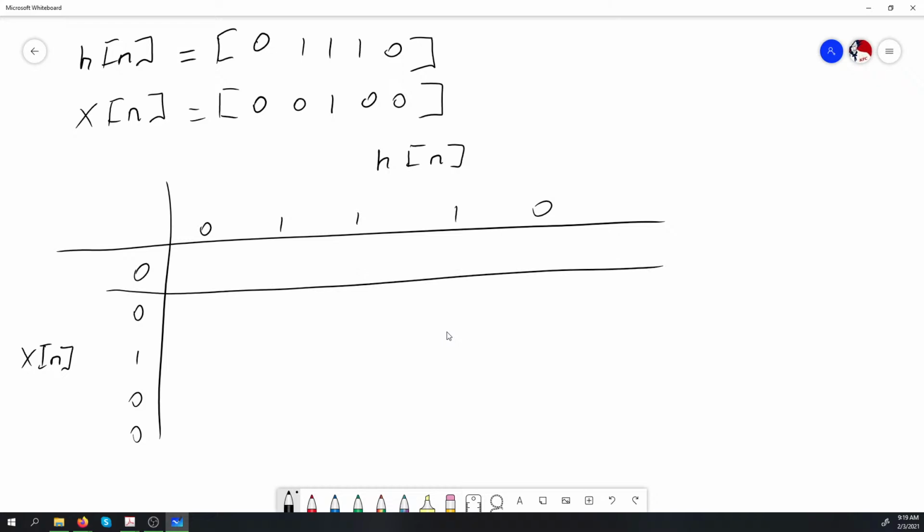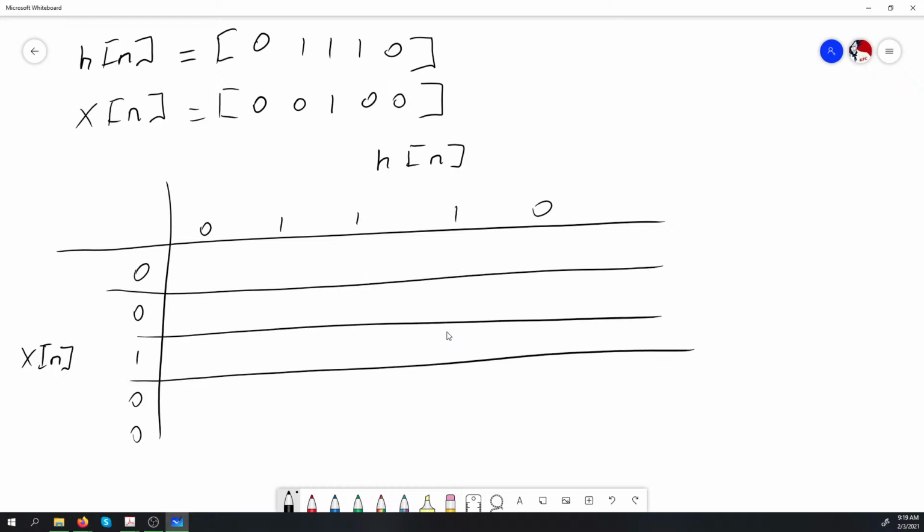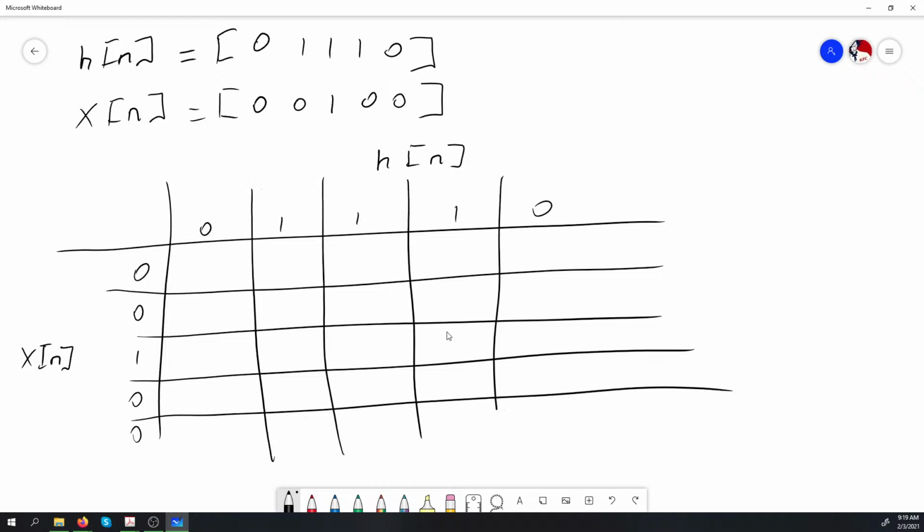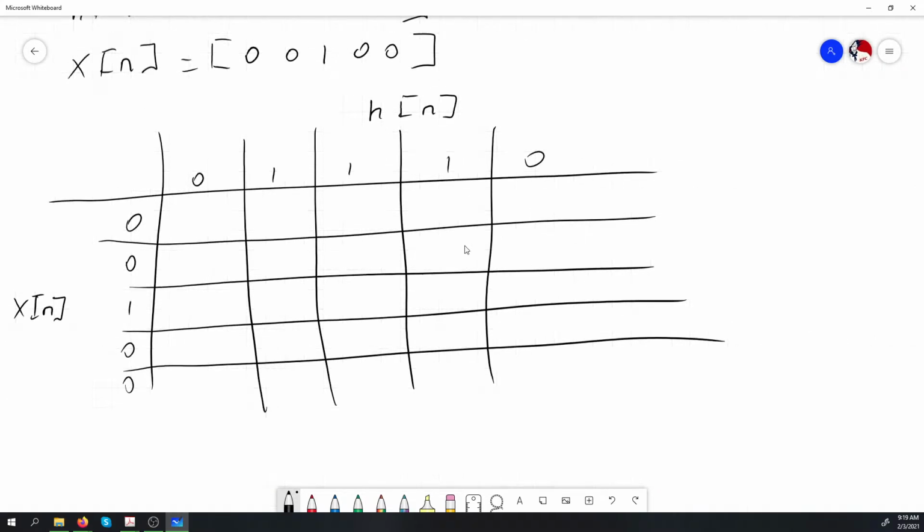So I'm just going to draw in my table here, and then fill in the cells for each of these calculations. 0 by 0 gives us 0, and as we keep going, 0 by 0, 1 by 0 is 0. This entire column becomes 0. The entire row, 0 by 1, 0 by 1, 0 by 1, is just zeros as well.